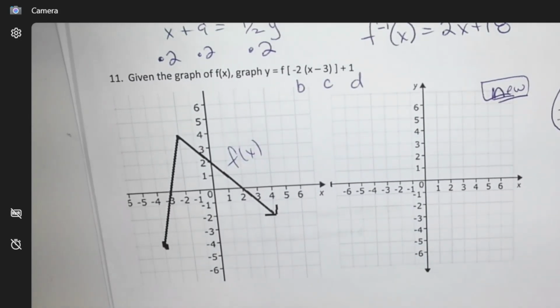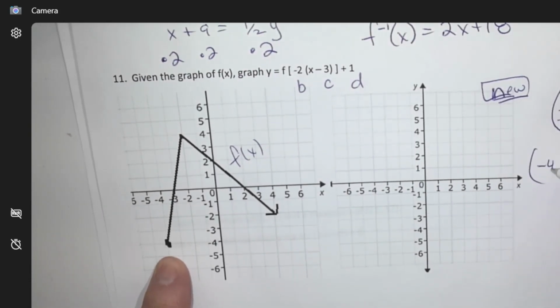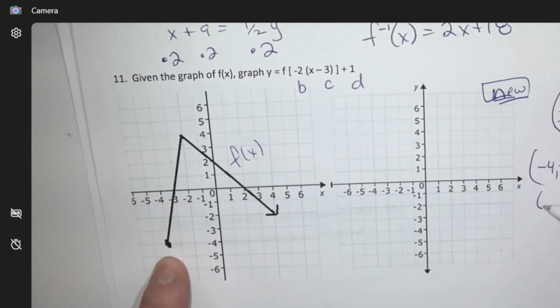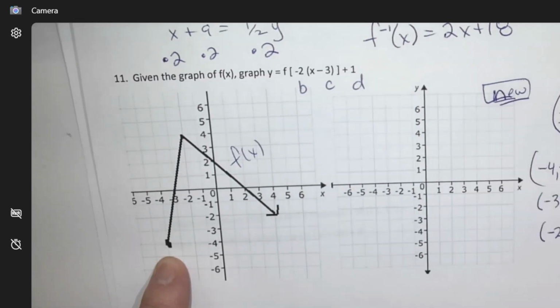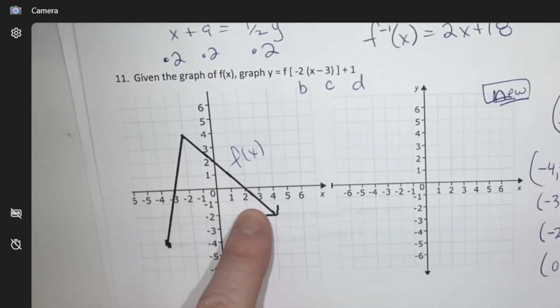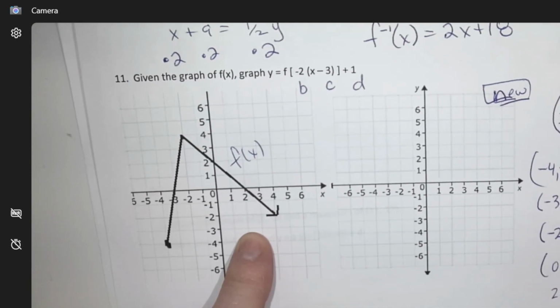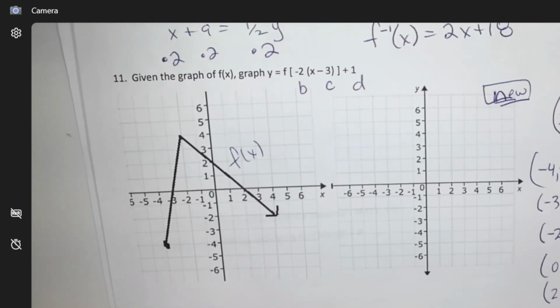I have to do those things to the coordinates. Okay, I'm going to give you a list of the original, so -4, -4. I'm going to go with the -3, 0, -2, 4. I'm going to grab a couple more, probably 0, 2, 2, 0, and 3, -1.